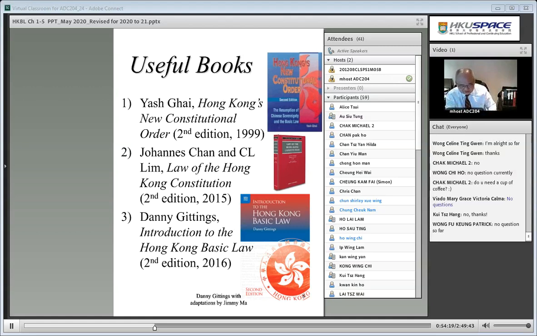Because the manual needs updating, and issues relating to the Basic Law may very well arise in response to certain real-life issues, you will notice that this law is very different from other laws. You really have to keep on the lookout for new issues, and sometimes even new theories and new jurisprudence.